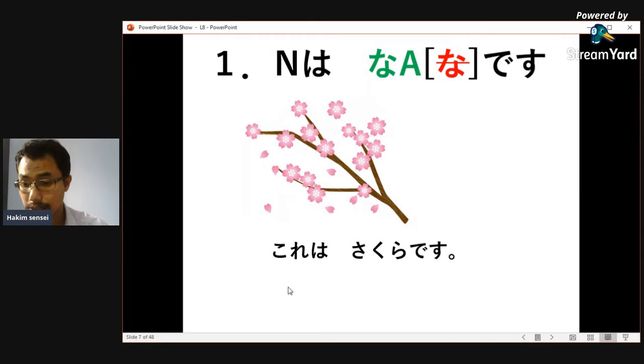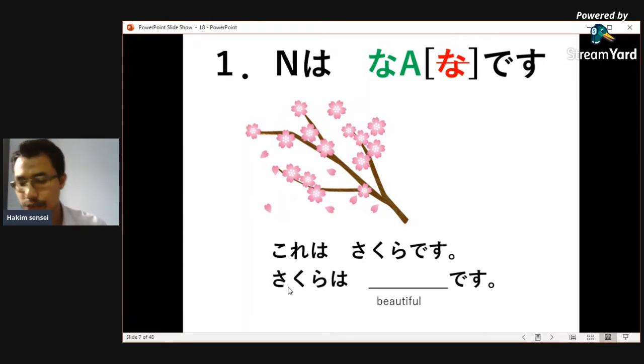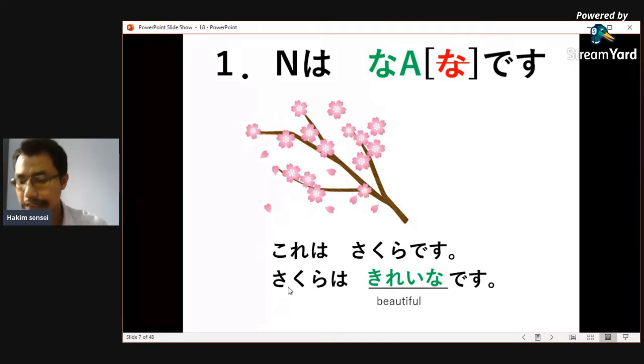Okay, kore wa sakura desu. This is sakura. But of course, you want to describe more about sakura. So what you are going to explain is that sakura is beautiful. Beautiful in Japanese is kirei na. It's from the na-adjective, that's why at the end of the word it uses the na character.